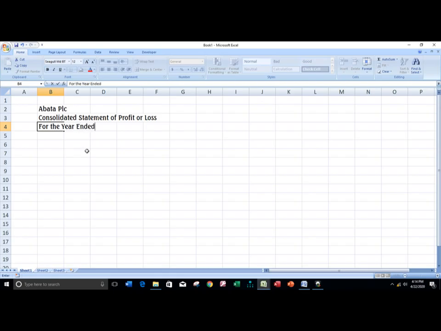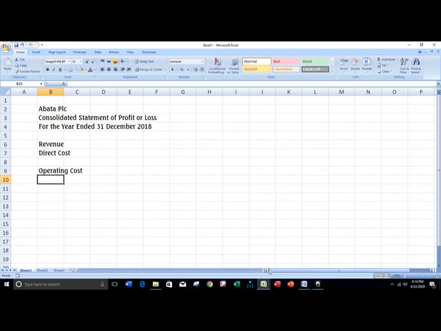For the year ended 31st December 2018. So the items you have here: you have revenue, that is revenue, and there is direct cost. I'll capture the direct cost here. I can also see there is operating cost.